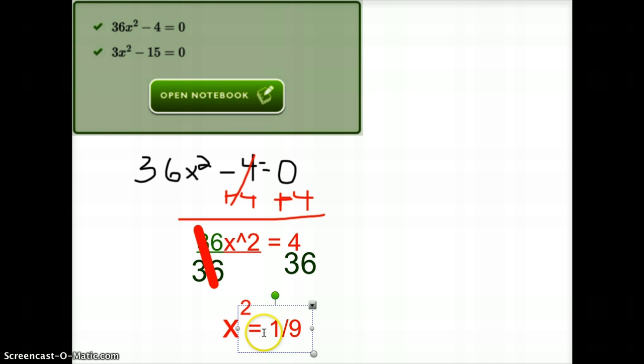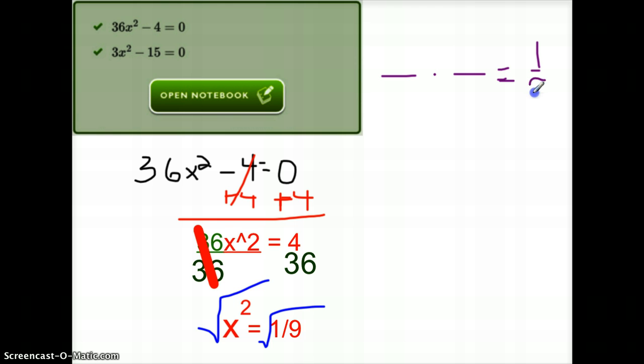Now, when I square root, this one's a bit tricky because I have a fraction. This is why your fraction skills are very important. You should know two numbers that equal 1/9. If I have a fraction times a fraction equals another fraction, which in this case is 1/9, the top two numbers have to equal 1.